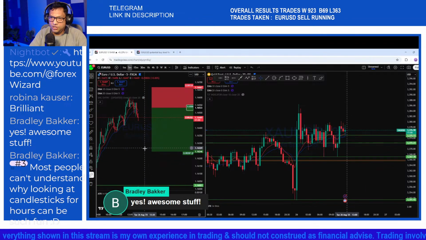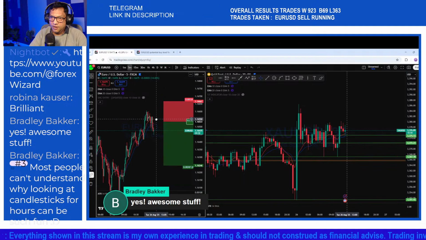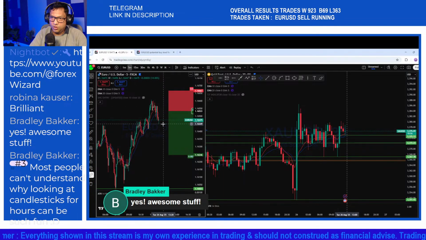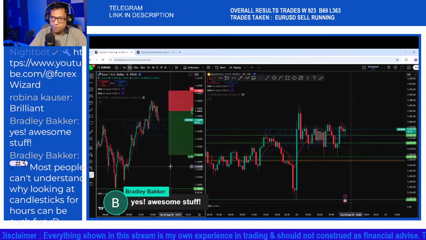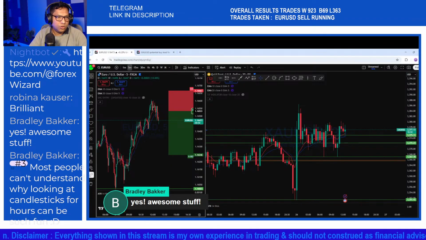Okay, so we'd like to see it's breaking below, and if the market got rejected from here, we could see the price to possibly come back to this order block directly to this support level.